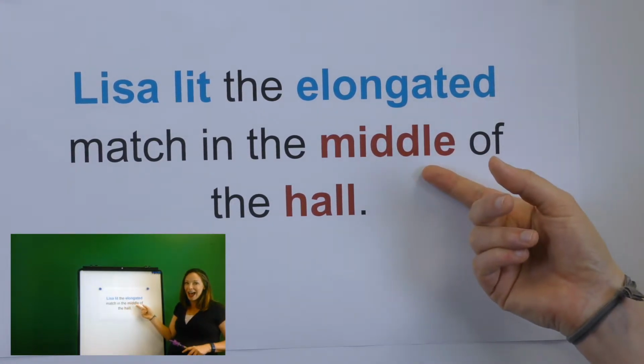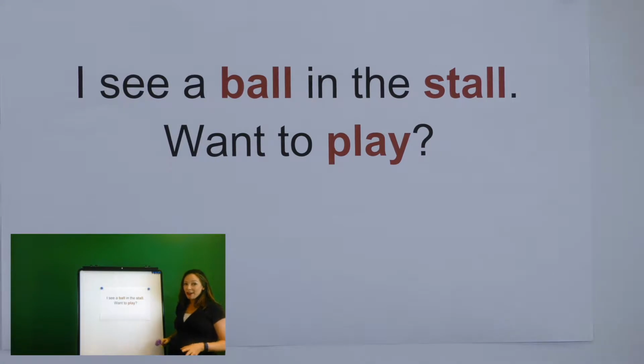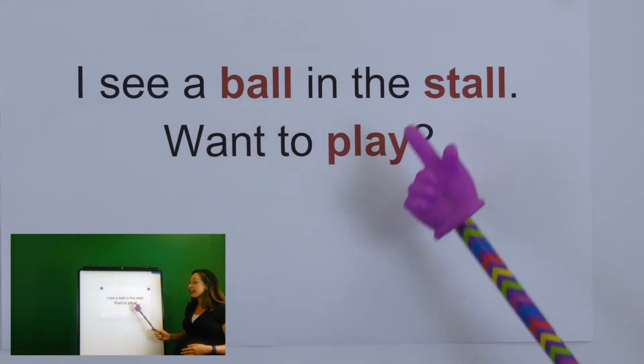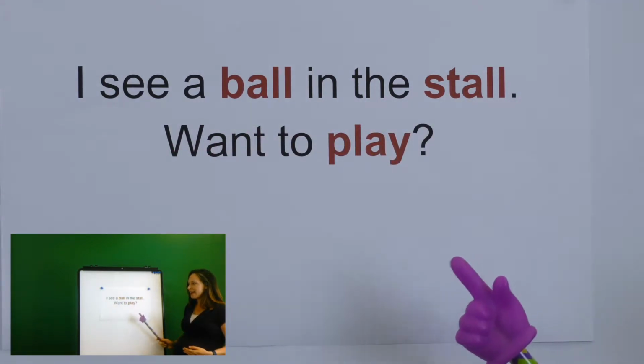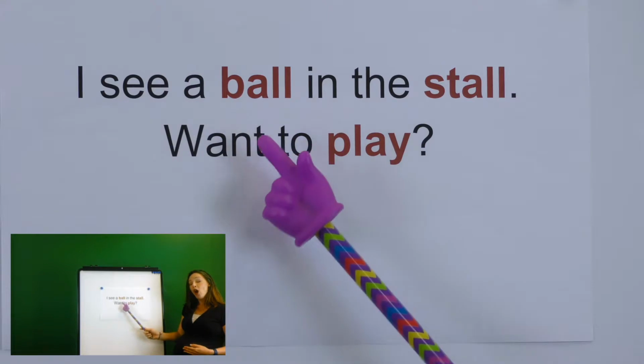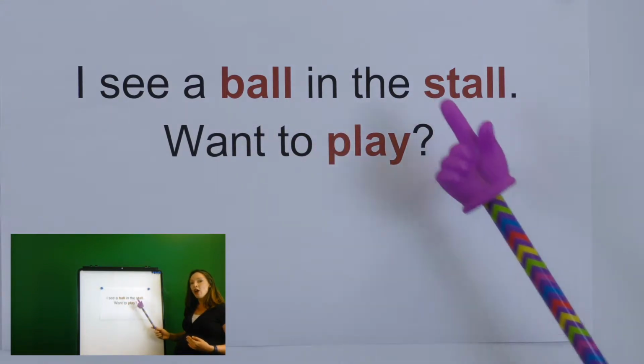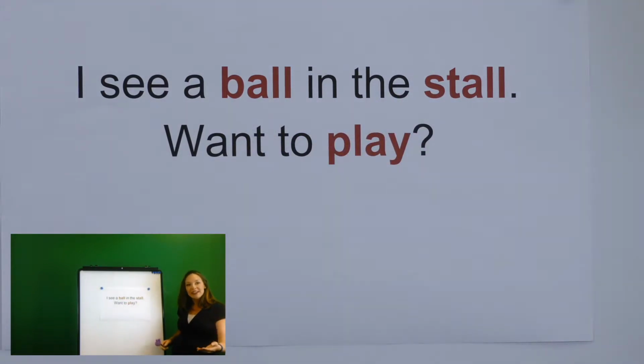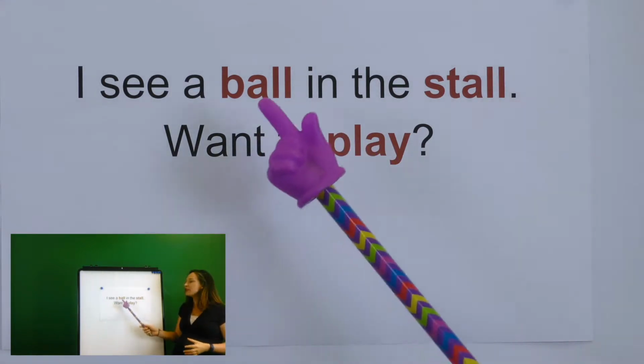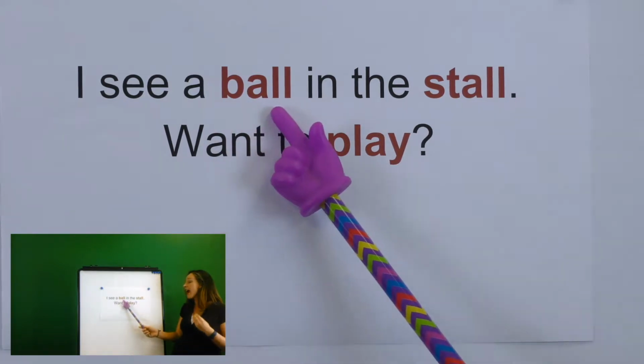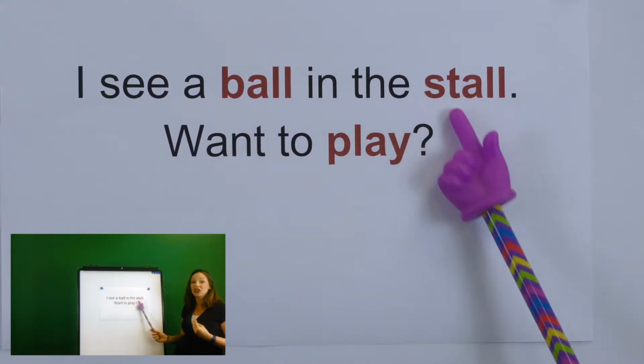Let's take a look at our last sentence for knowing the difference between the light L and the dark L sound. I see a ball in the stall. Want to play? Just like the previous sentence where the L was informed by the A sound in hall, so too does the A sound inform the L in ball and stall.